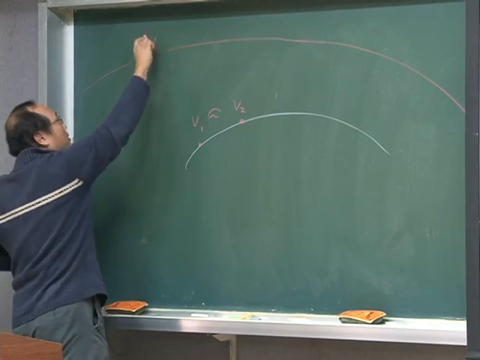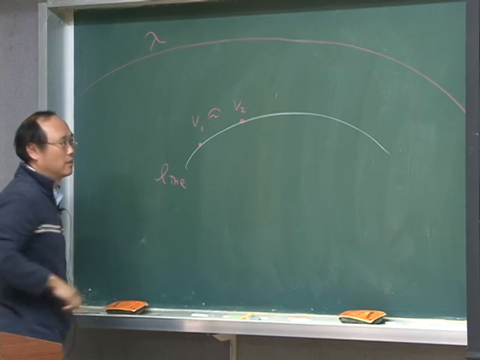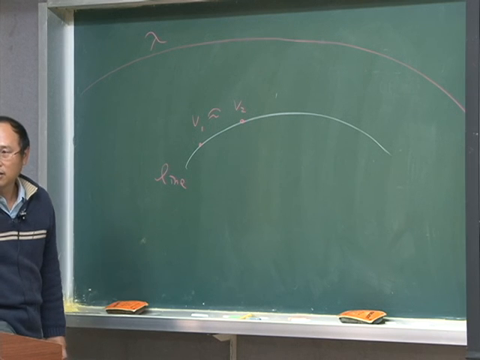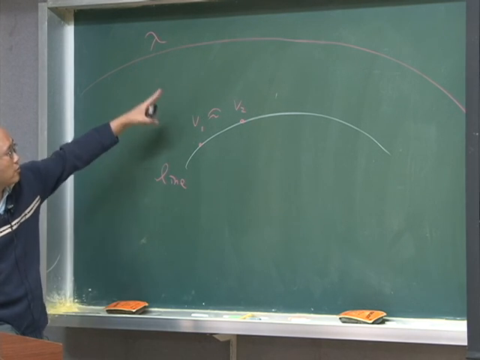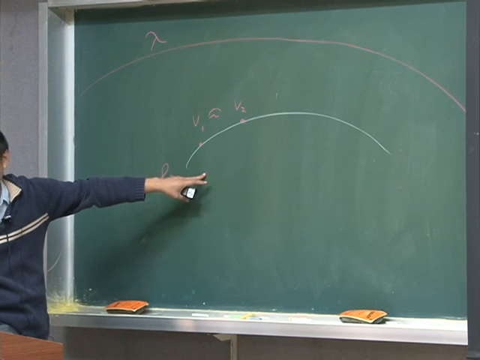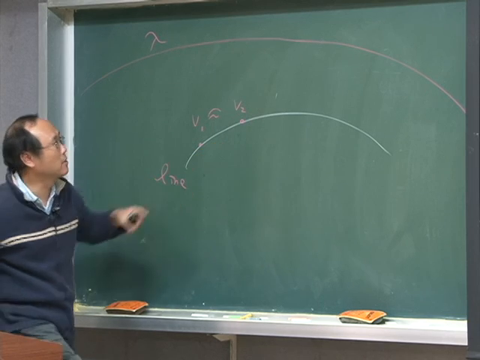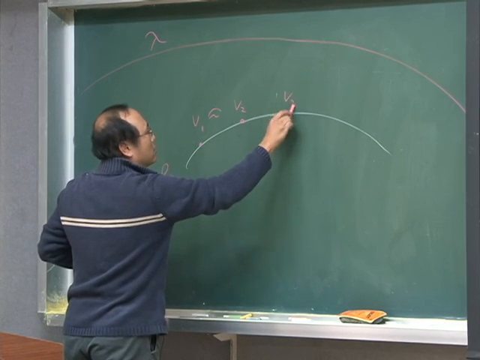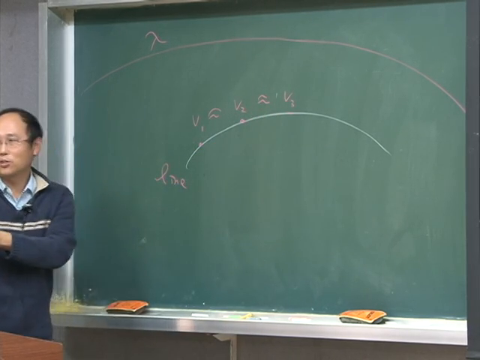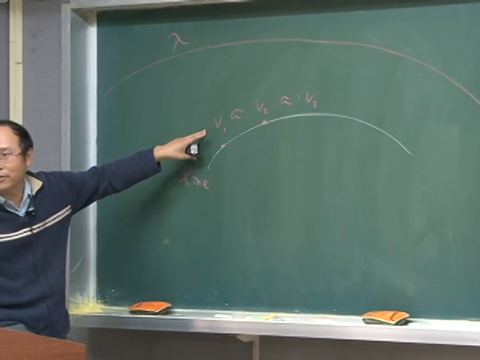If this is my wavelength, and if this is my line, so if the wavelength is much larger than the length of my circuit, then the voltage here and here are about the same. Here were also about the same. So I don't have to deal with a wave.